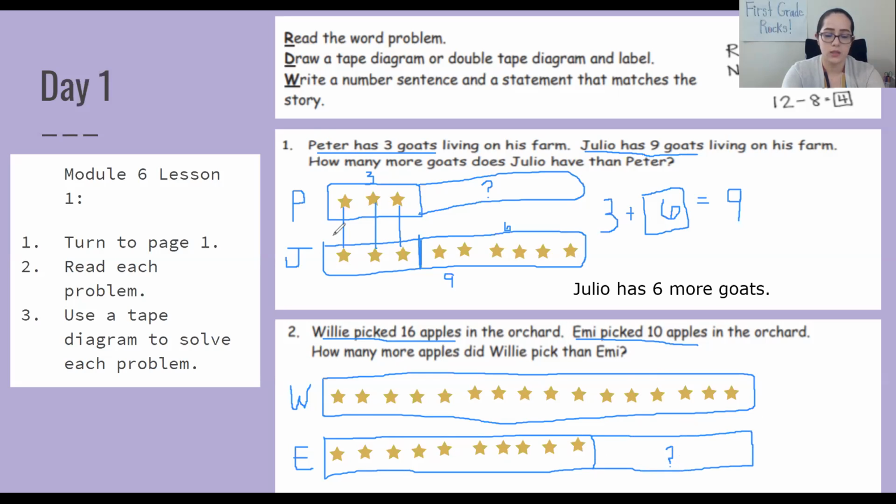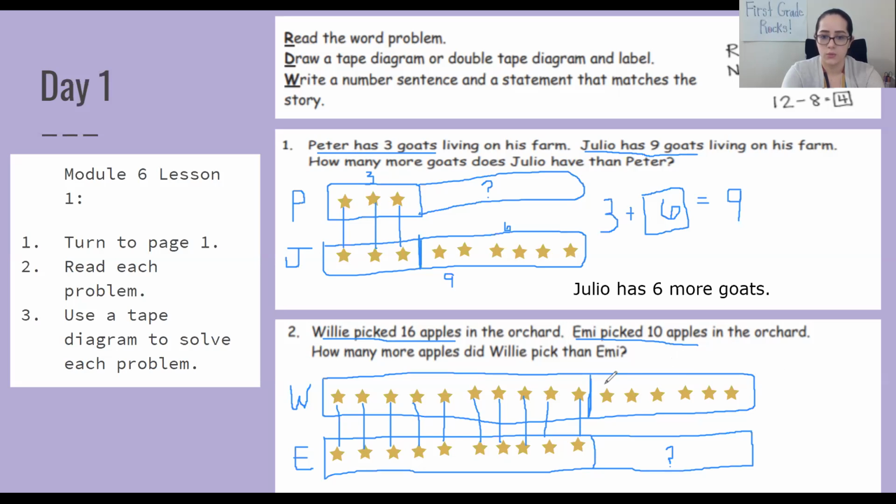Okay, so we're going to compare again. So 1, 2, 3, 4, 5, 6, 7, 8, 9, 10. I'm going to stop here and draw my line in my tape diagram for Willie and see how many more we have.